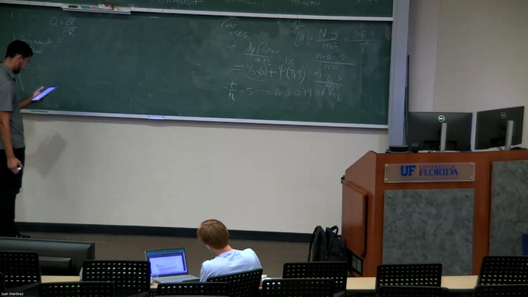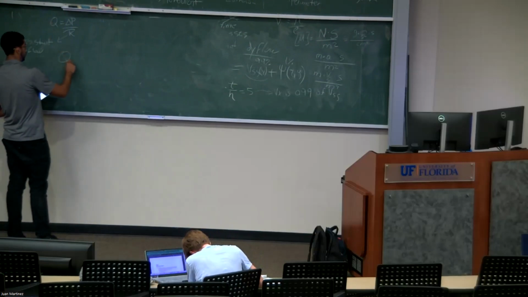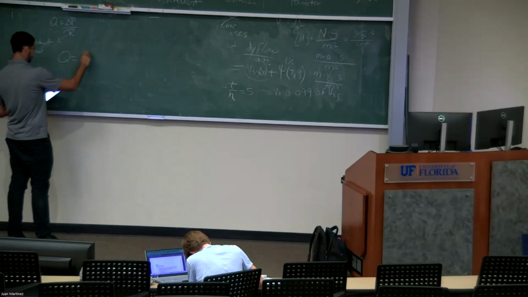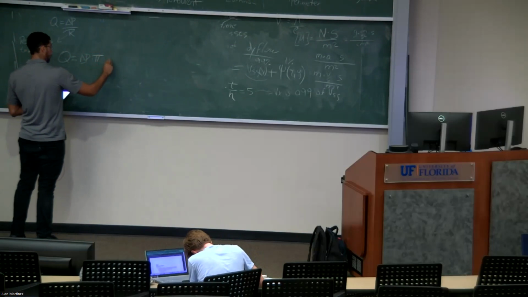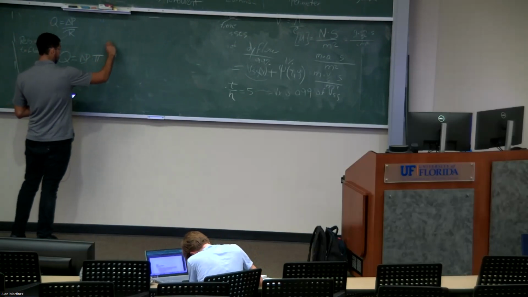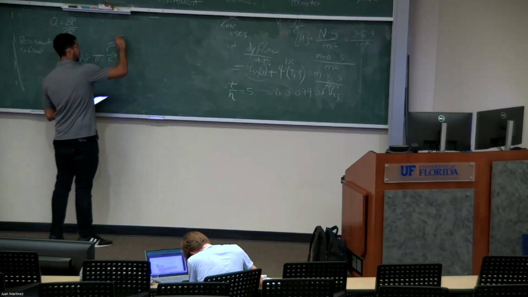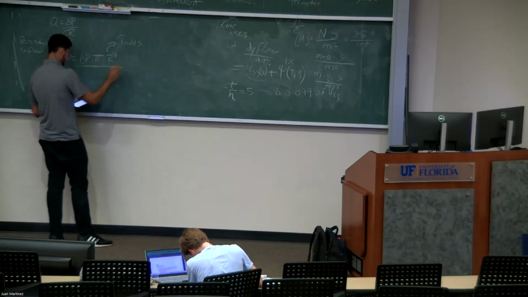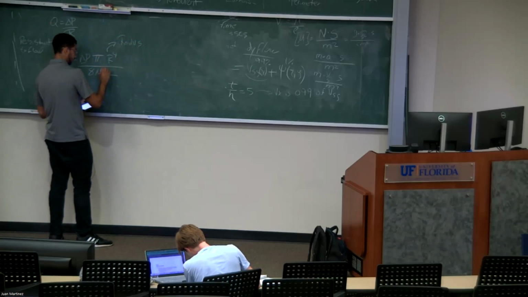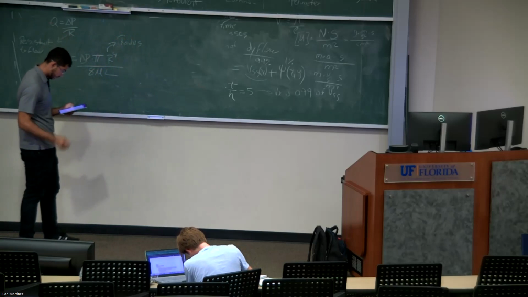Something that we know is Poiseuille's law: the volumetric flow rate is going to be equal to delta P times R squared, where in this case R is the radius of the channel, over a viscosity times length. Okay.